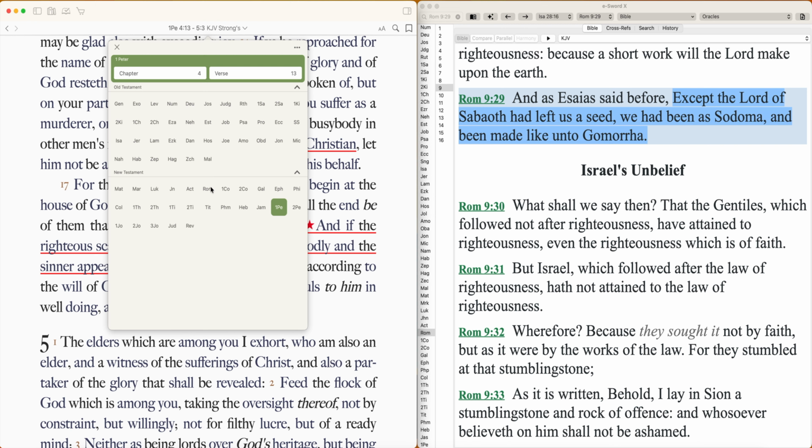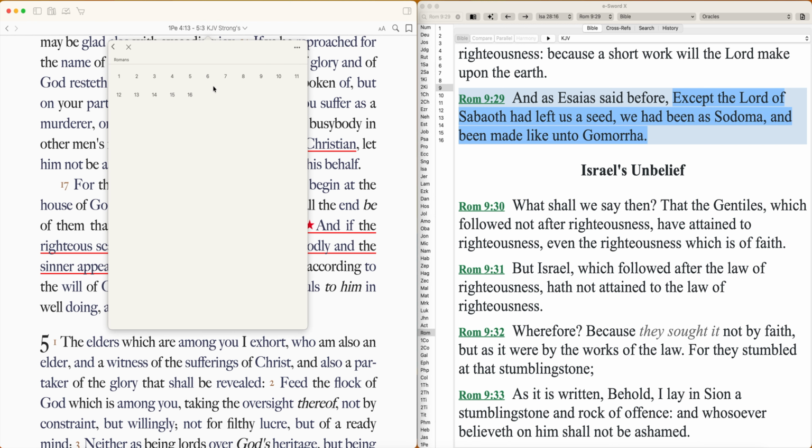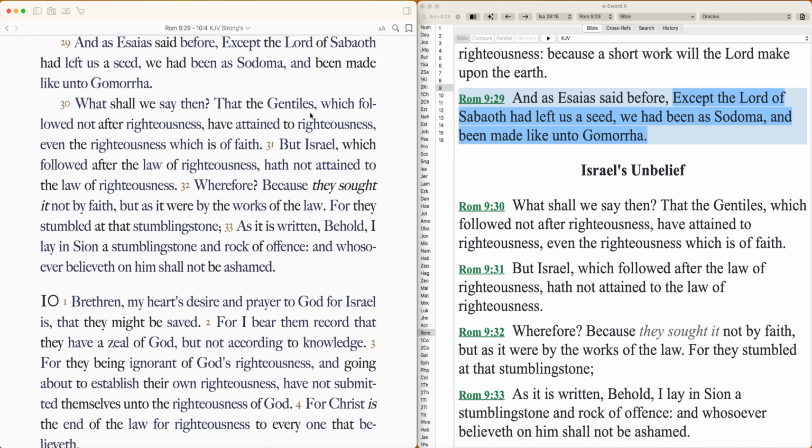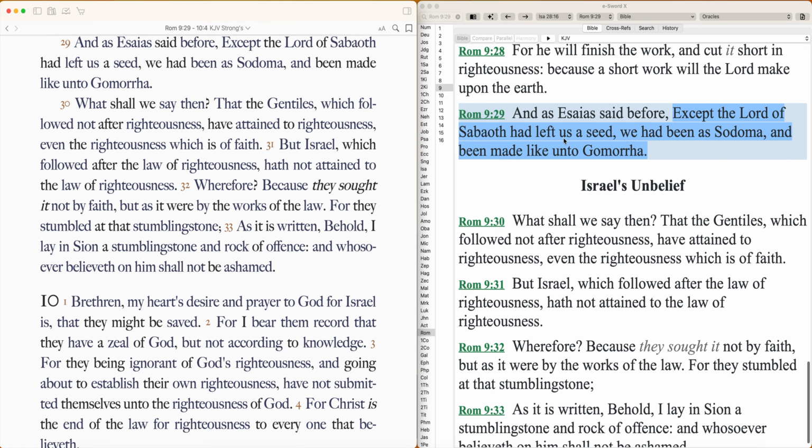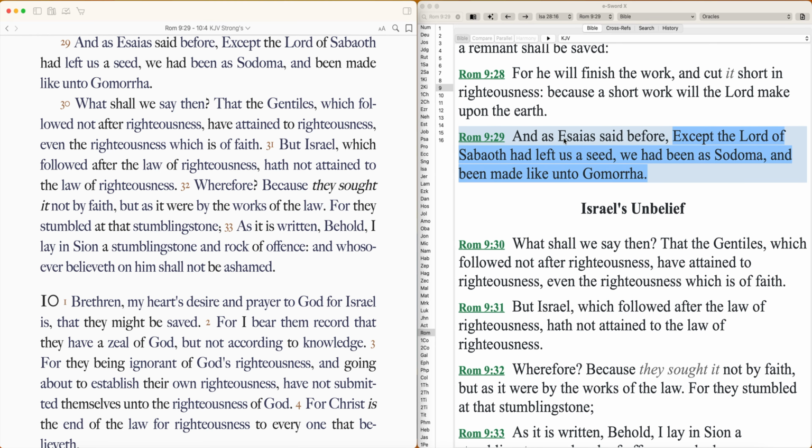This is going to be the last one to share, but I really just want to give you an introduction to looking into the Greek Septuagint. It is a very, very important thing for us to read the right, correct version of the Old Testament. So this was Romans chapter 9 and verse 29.